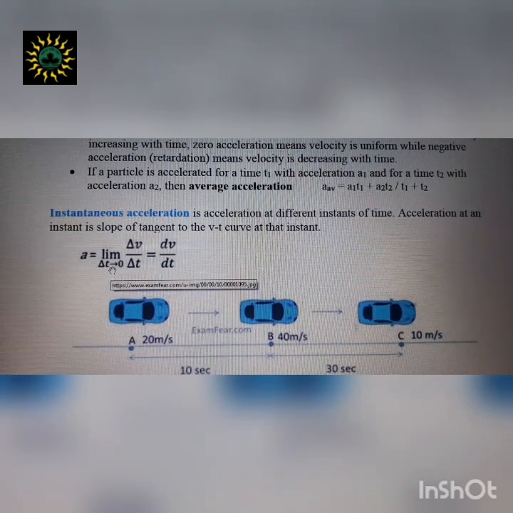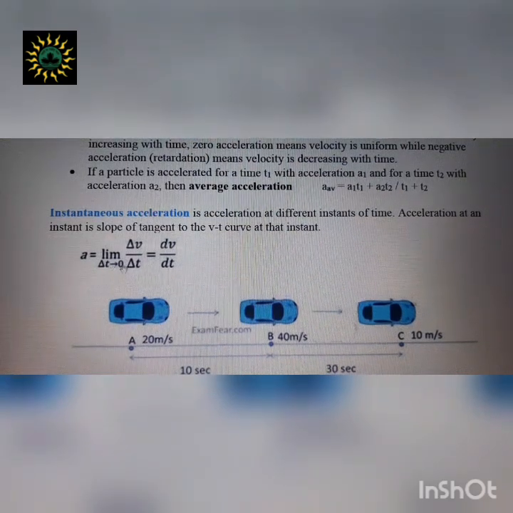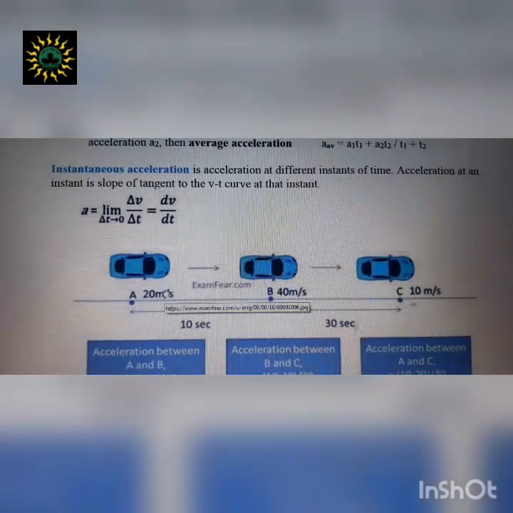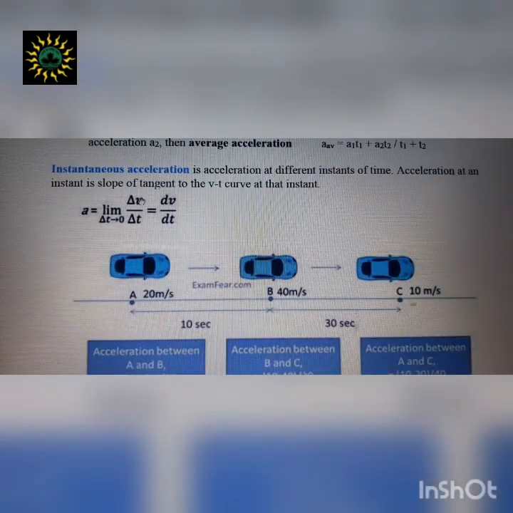So in that case, delta v by delta t, when delta t is 0, that is in a 0 time interval, suppose the change in velocity is delta v. So in that case you can write acceleration a is equal to limit delta t tends to 0 of delta v by delta t, which is equal to dv by dt. So that will give the acceleration at a particular instant of time.